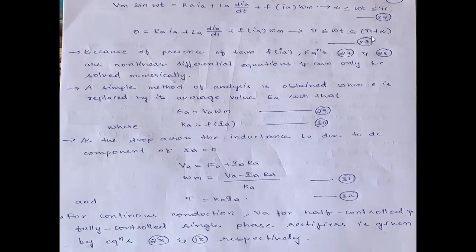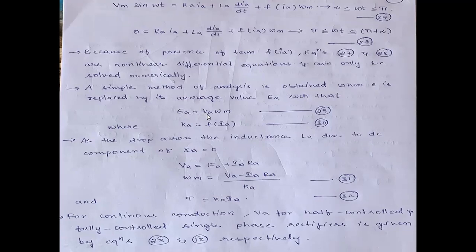A simple method of analysis is obtained when you change small e to capital E, the average value. So I am replacing small e with the average value EA. Actually, EA is equal to Ka omega m.